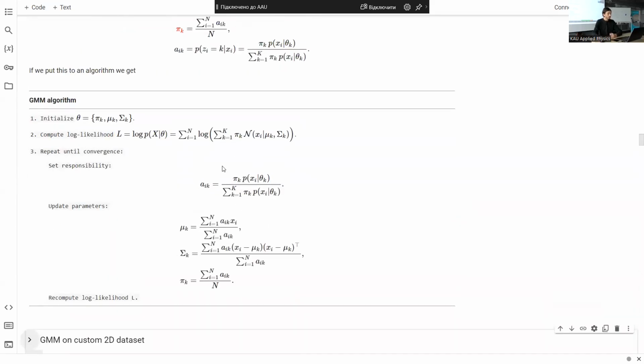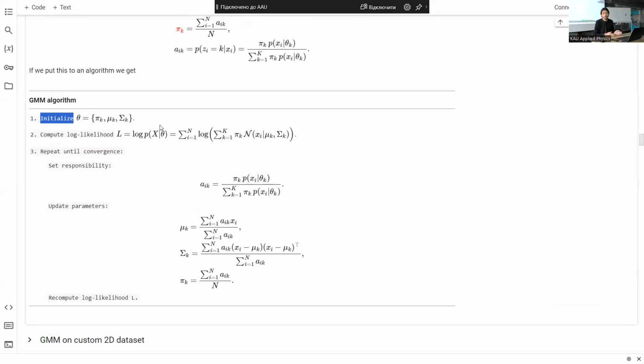Here is this GMM algorithm written in some more algorithmic style. So what do I need to perform the GMM? I have a data set. I need to initialize my parameters somehow, because you know that we have this problem of the chicken and the egg.